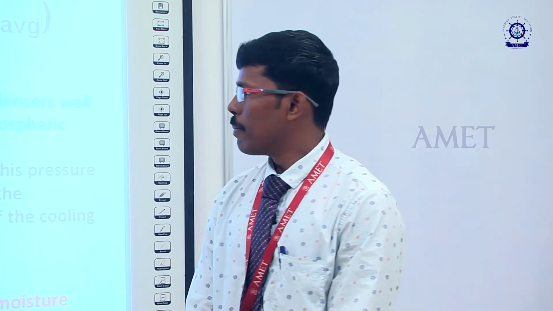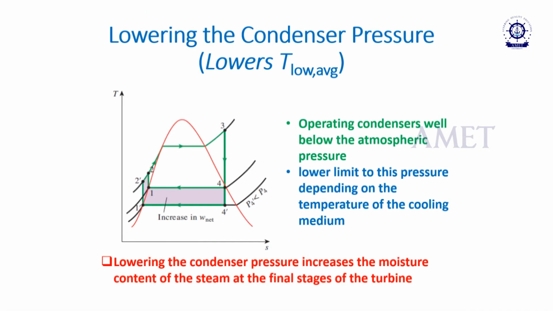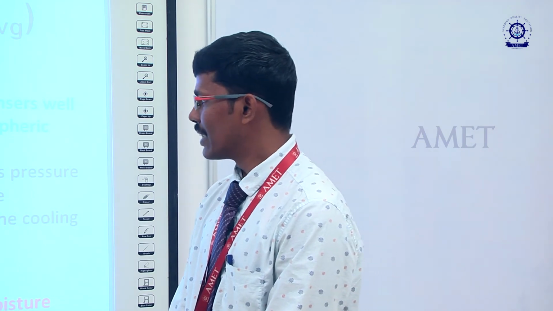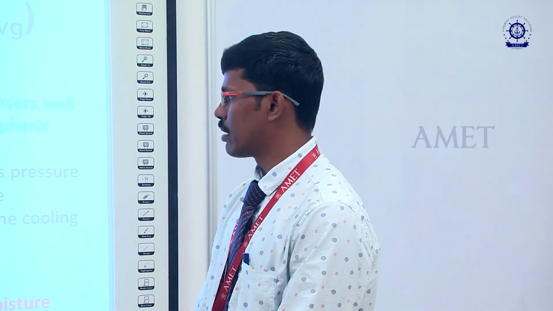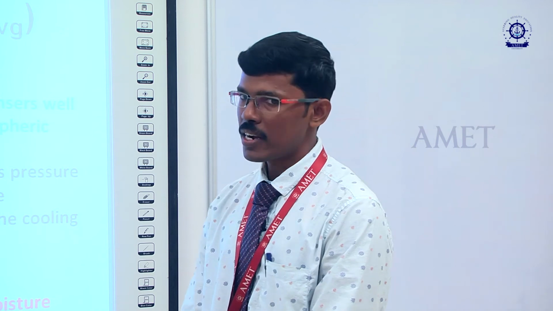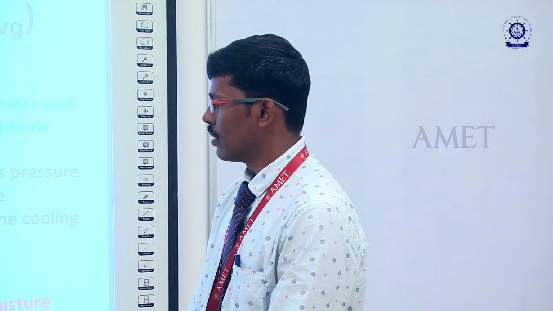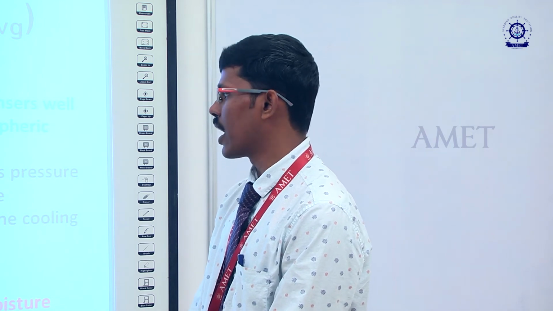Lowering the condenser pressure. This is where we basically try to reduce the pressure at the condenser. As a result, this lowers the temperature at the heat rejection. Let us see this TS diagram, where it is clearly shown that decreasing the condenser pressure increases the net work output, that is the area covered by the process 1, 2, 3 and 4.